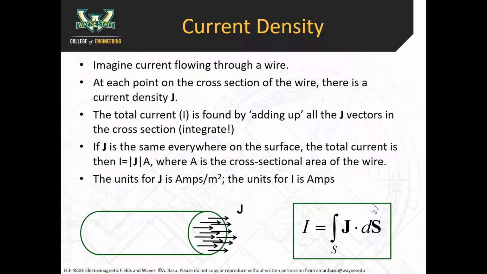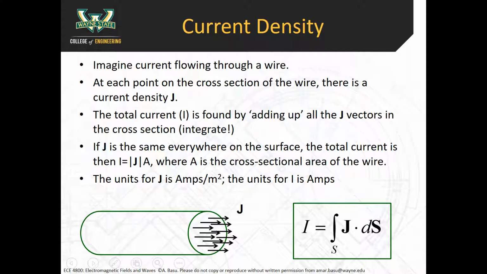The first topic we want to talk about is what current density is. So with current density, we want to imagine current flowing through a wire. All right, and that wire has some cross-section. So in the case of a circular wire, which we're accustomed to seeing, it has a circular cross-section. And along the circular cross-section, you can imagine all these vectors.